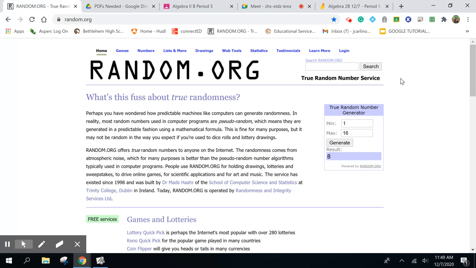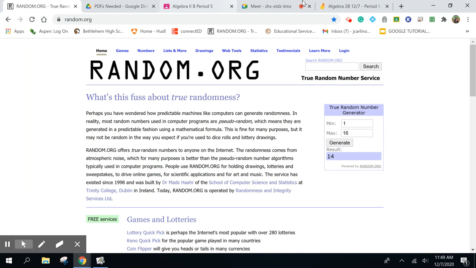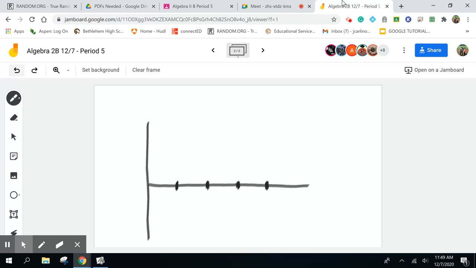Okay, somebody set up the x-axis for me. Eliana, go ahead. You're up. Grab a pen. You know the first one's got to be 4 because that was our key value.